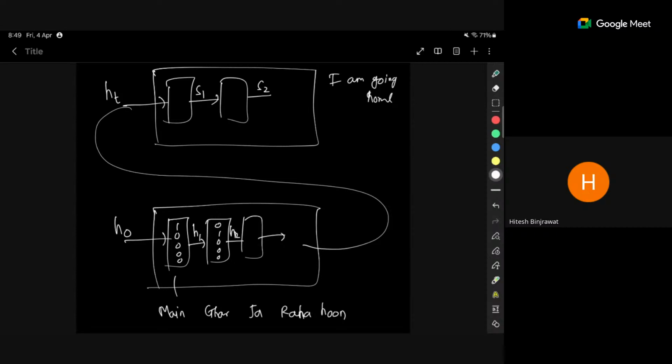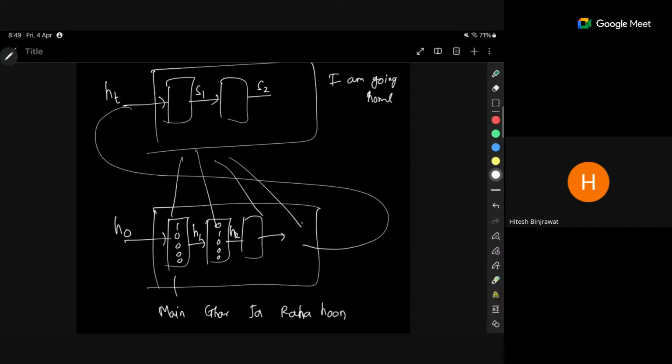Okay. So now we wanted to predict which word is going to be important for each time step, right? So here I want to know which word is important. What can I do?